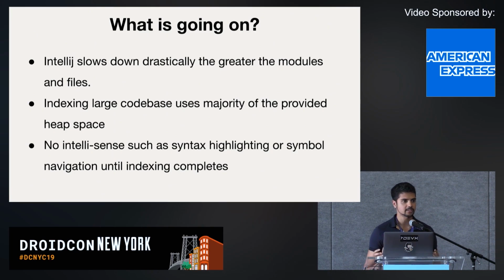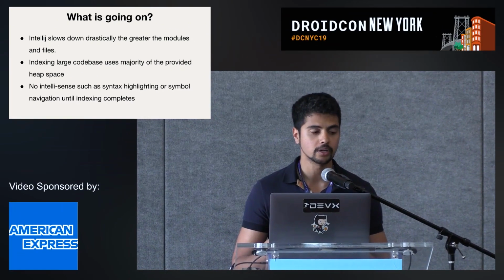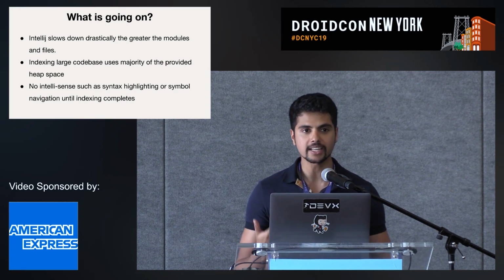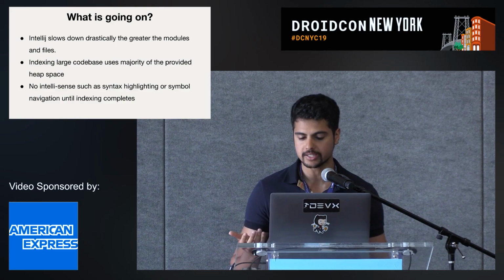So one thing we noticed is that IntelliJ actually slows down the more modules and files that are introduced in the repository, which makes sense. But the additional fact is that when you have more modules, you're also now recursively traversing through the file system to find the different source files that it needs to process.